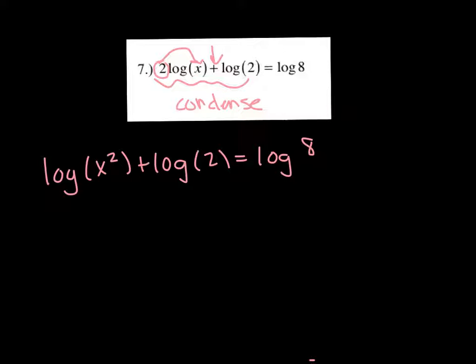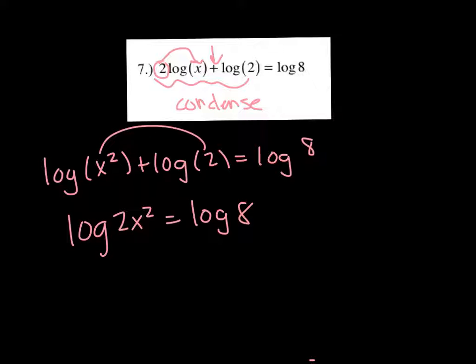Like I said, that addition means that I'm going to multiply x squared and 2 together. So this will now become log of 2x squared equals log 8. Now, single log each side, now they can cancel. You can't cancel until there's just 1 on each side. Then, simple equation of 2x squared equals 8.